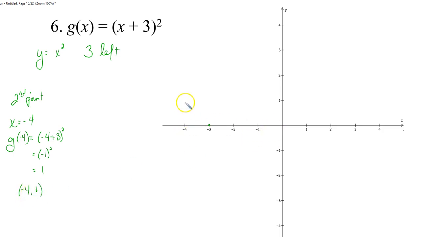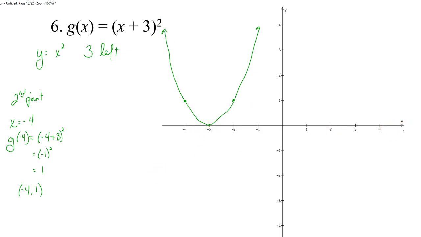So I'm going to come all the way over here and plot this point. Because this function has reflexive properties, you could also plot a point over here. Either way, my Lessons Plus is going to ask you to plot at least one additional point other than the vertex, to show that you do have a quadratic function. So you know where to go from there.